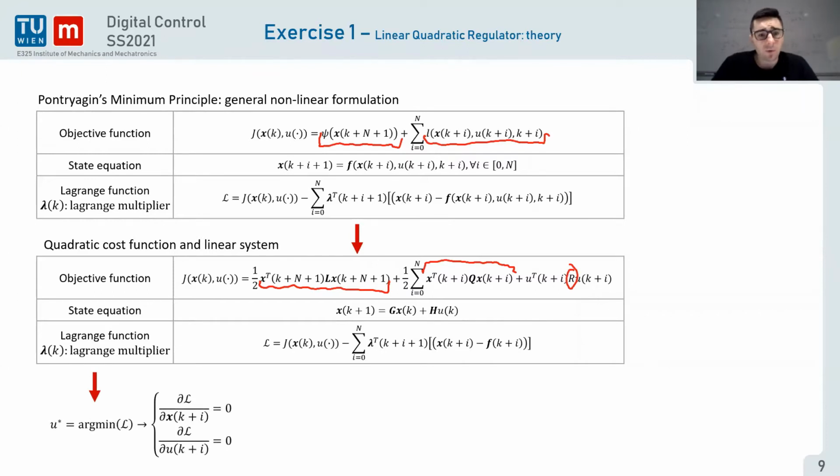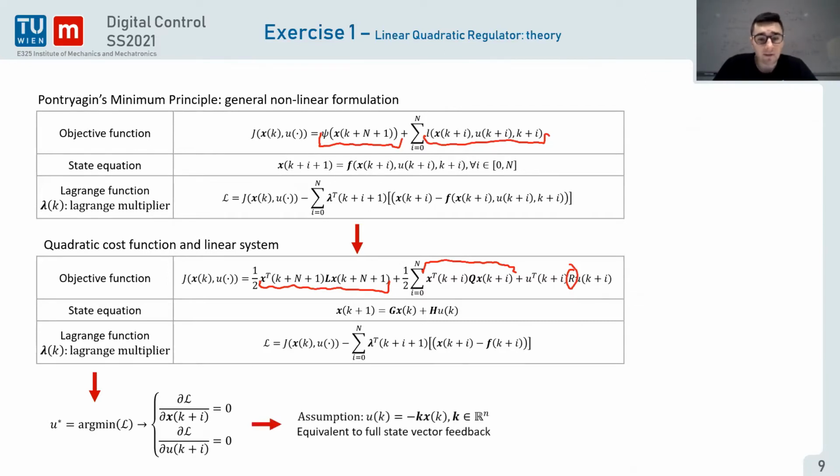Now if we want to minimize this Lagrange function, which implies that the state equation is fulfilled at each sampling point and the objective function is minimized, then we need to find the minimum of this Lagrange function. To find the minimum, we have to take the derivative equal to 0, because we assume that it's convex. I mean, it is, you can verify it if you want. And so we need to find the partial derivative of L with respect to x k plus i and the partial derivative of L with respect to u k plus i.